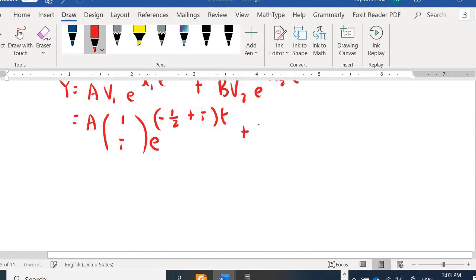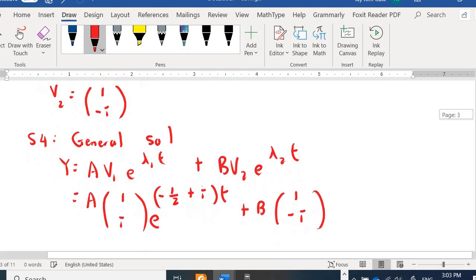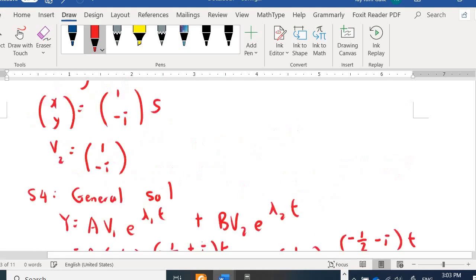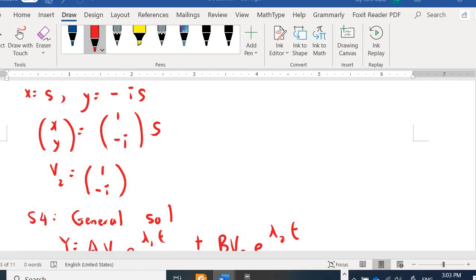And then b v2 is 1, negative i, with exponent lambda 2, which is negative half minus i, t. You see the solution is different from the previous one, but later on we check it to be the same.